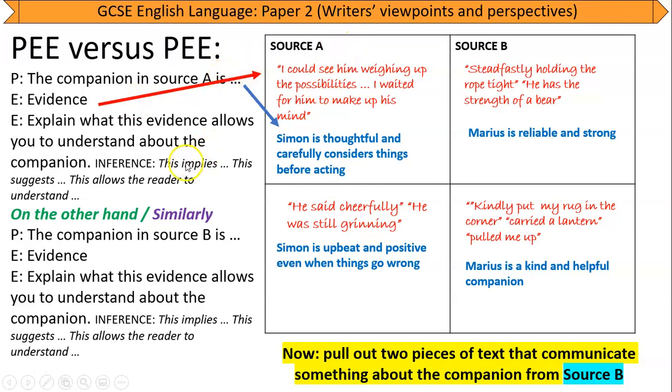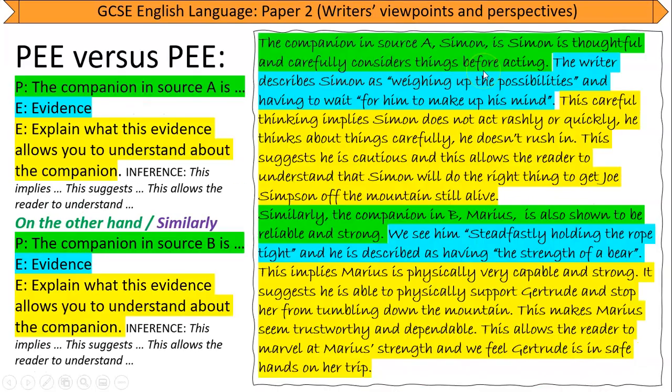And then I'm going to explain, what does the evidence allow me to understand about the companion? And I'm going to compare this point here with this point here. And my PEE looks like this. So you can see in green is the points, in blue is the evidence, and in yellow, the largest section, is the inference, the explanation, where I explain what that evidence allows me to understand about each companion.